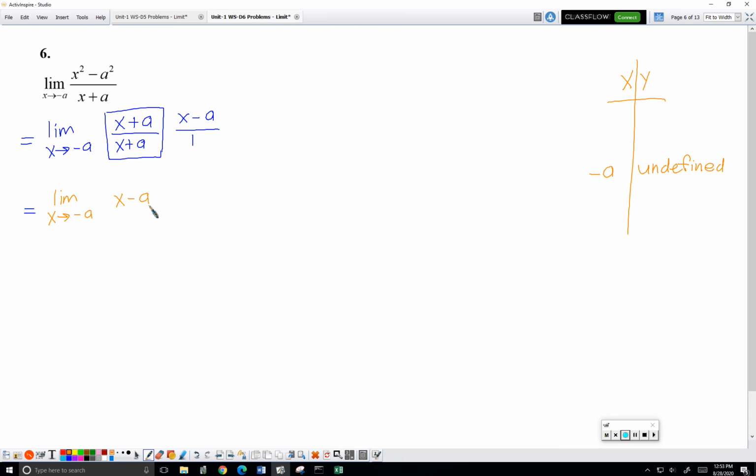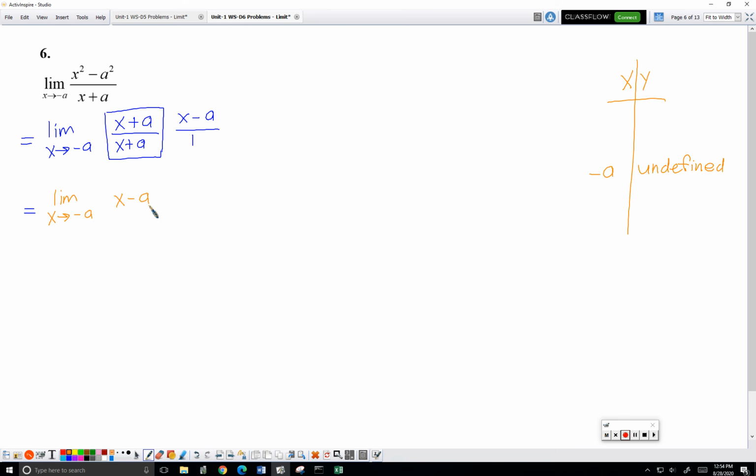Wait. What if you did negative a minus a is negative 2a? And then you plug in negative a for x. So the question was, what's this equal to, Logan? And is there any value for x for which that doesn't equal 1? Zero. 0 is okay, because you put a 0 here, you get a over a, which is still 1.